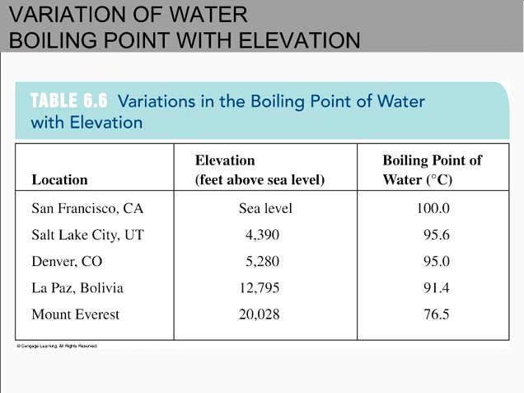Here in Tacoma, we're at about sea level, so water boils at 100 degrees Celsius. But in Denver, water boils at 95 degrees Celsius.